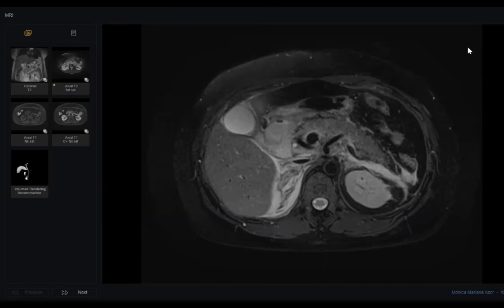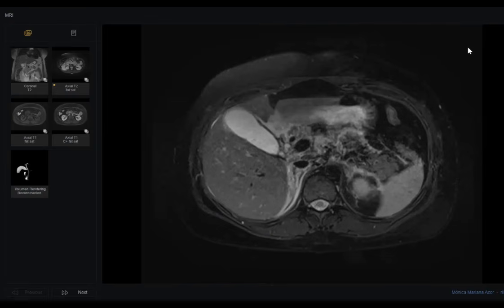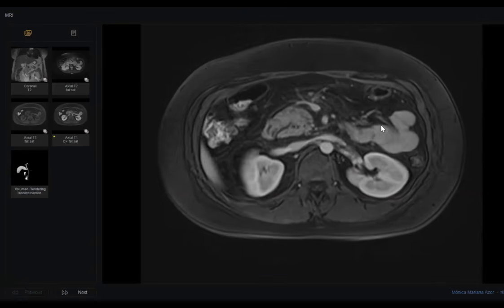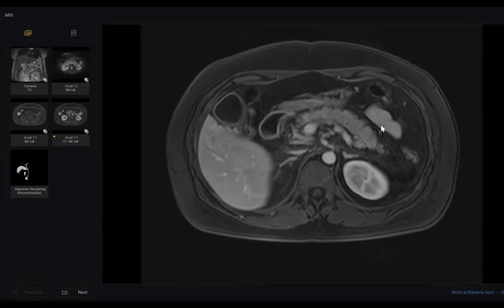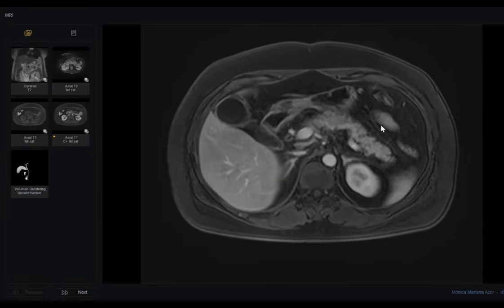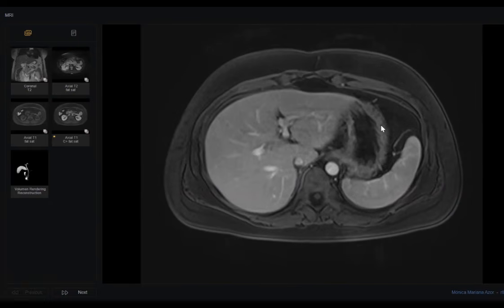Second, I will look for the complications of pancreatitis on the post-contrast images, to see any vascular thrombosis. So this is the post-contrast image of the abdomen.